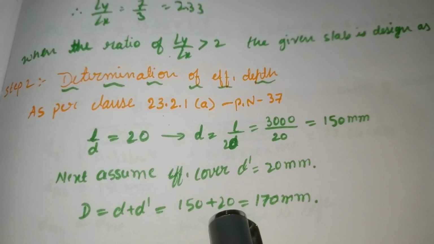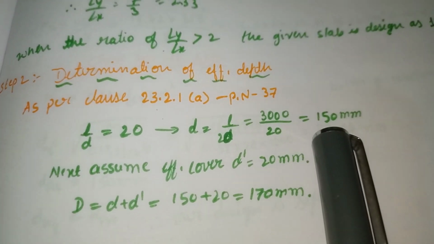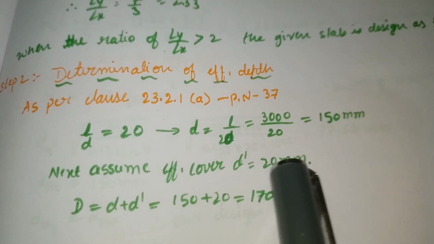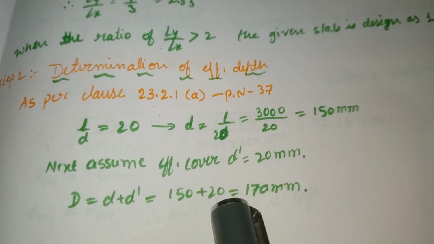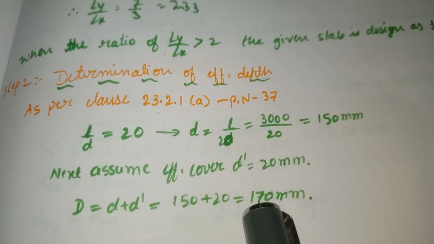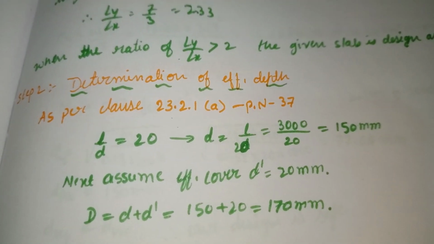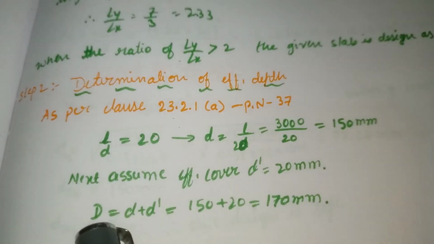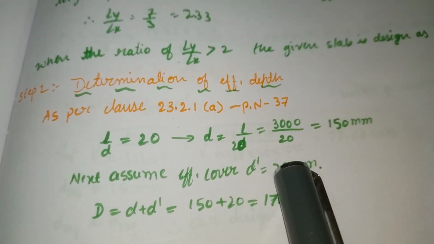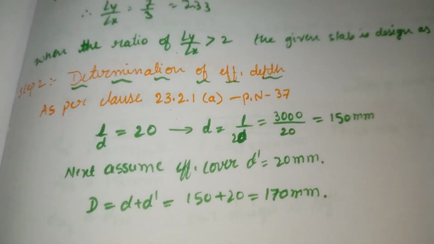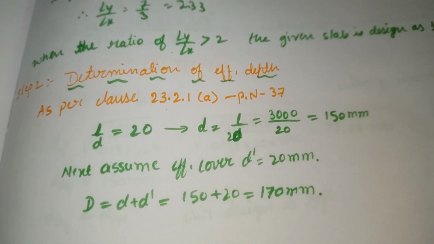Substituting the values, d we got was 150 and we assumed d dash as 20. So 150 plus 20 gives 170 mm as our overall depth. This is how we calculate the overall depth. For calculation of overall depth we need to assume the effective cover. So we'll move forward.